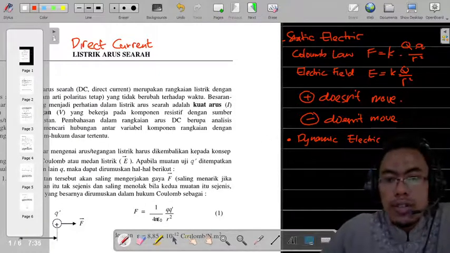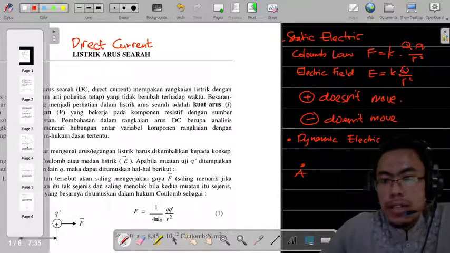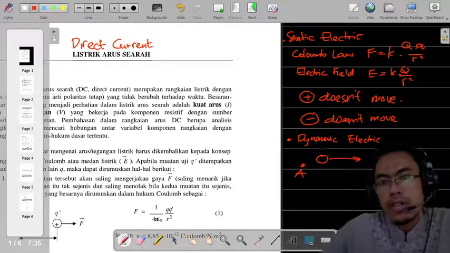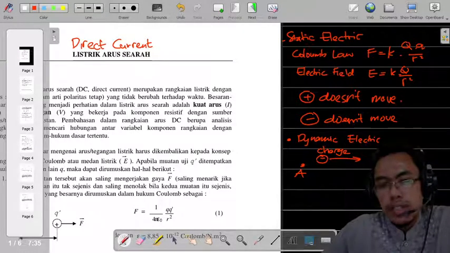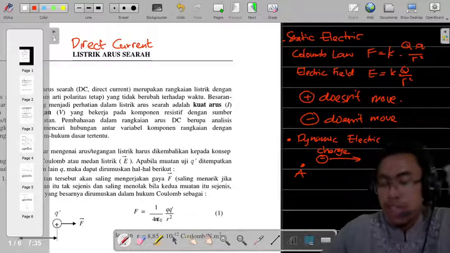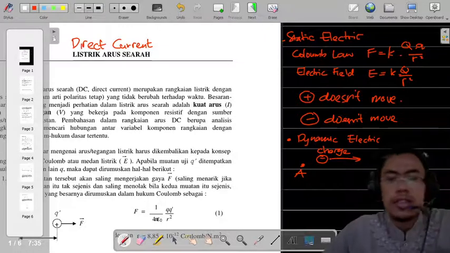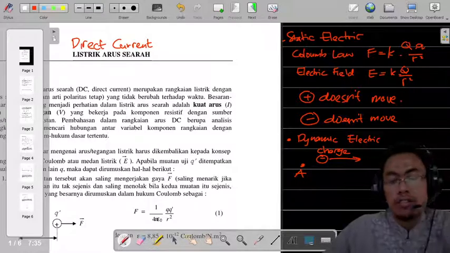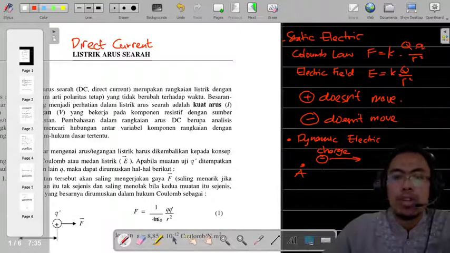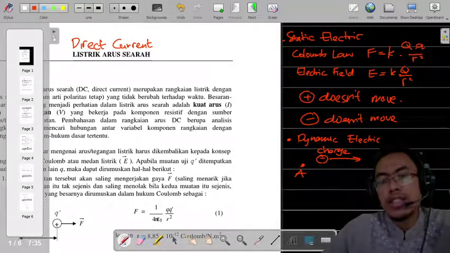Let's say we have point A and point B. Mostly, the moving charge is negative, because as we mentioned in previous lessons, the active charge is the negative charge. The electron is very active, so it can move from one point to another.